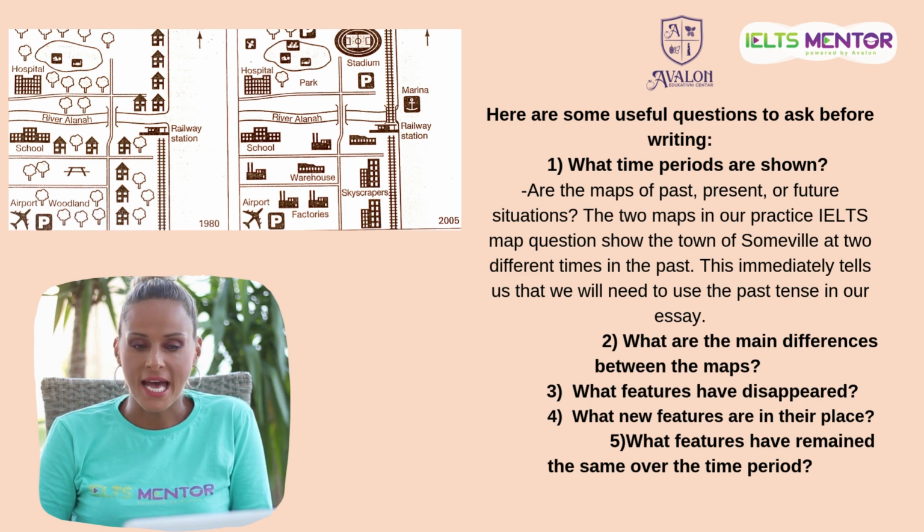Another question to ask is, what are the main differences between the maps? When I say differences, we need to ask ourselves, are there any features that disappeared over the period of time? Are there any features that remain the same at the same place? Although the location on the maps will have undergone major development, some features may remain unchanged, and you need to state that.